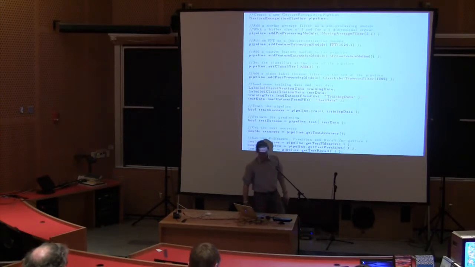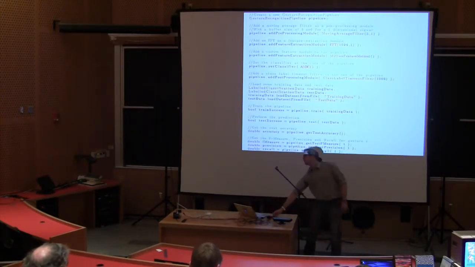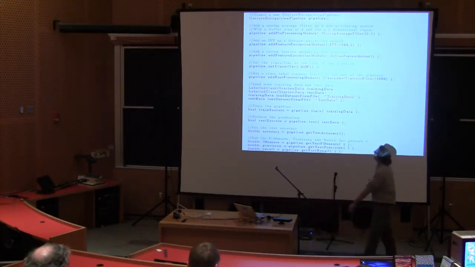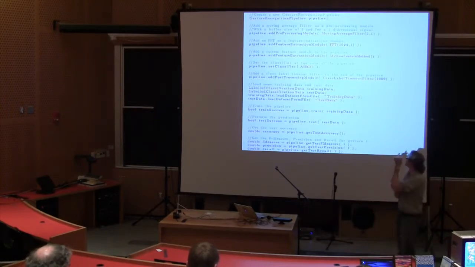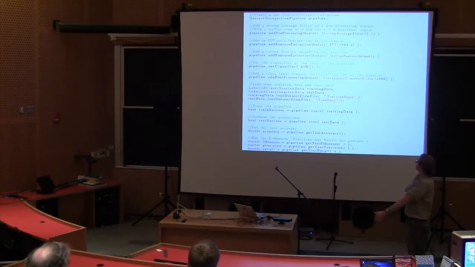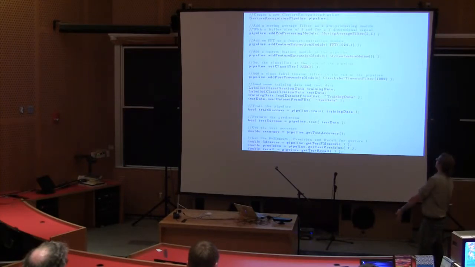So this is basically the system that works in the gesture recognition toolkit. The way you program this in C++ is you initialize a gesture recognition pipeline. You add a pre-processing module, which is often something like a digital signal processor, so you can add a moving average filter. And then you add, for instance, a fast Fourier transform as the feature extraction module.